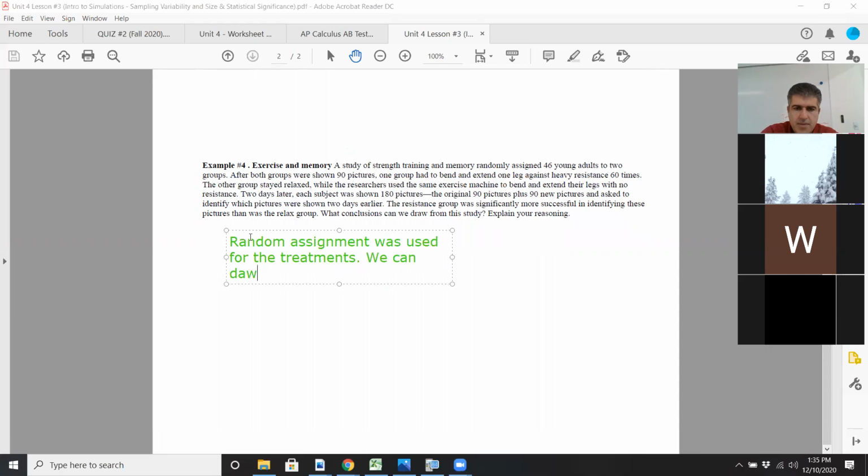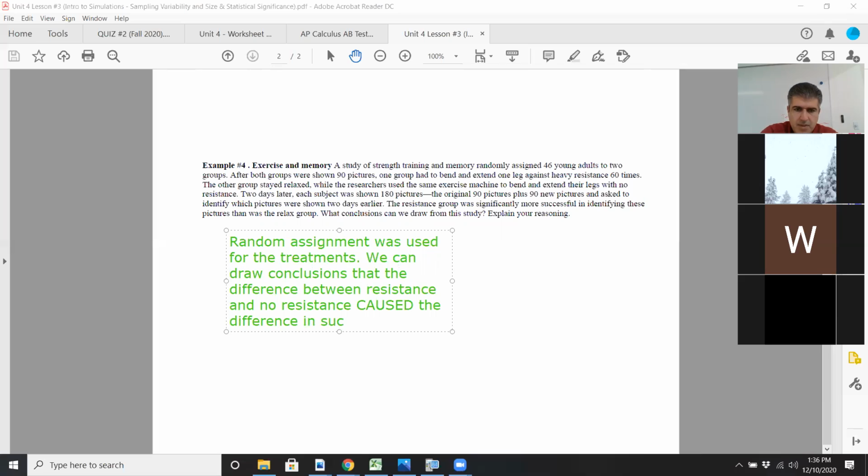We can draw conclusions that the difference between resistance and no resistance caused the difference in success rate of identifying pictures.